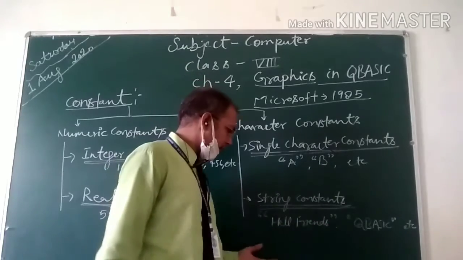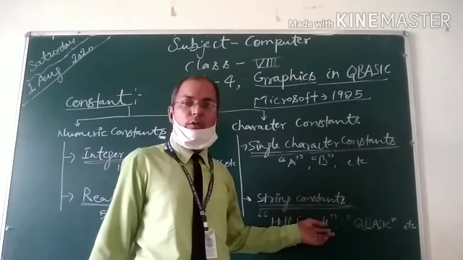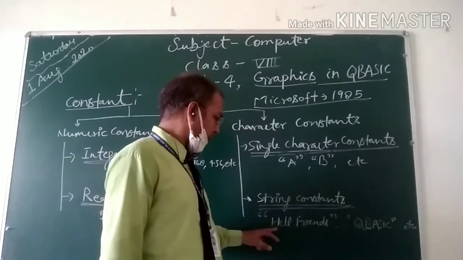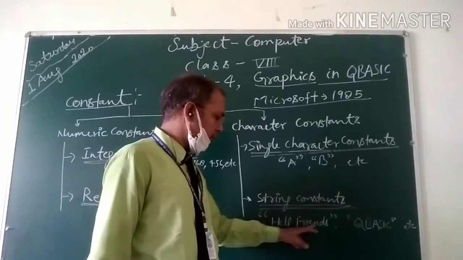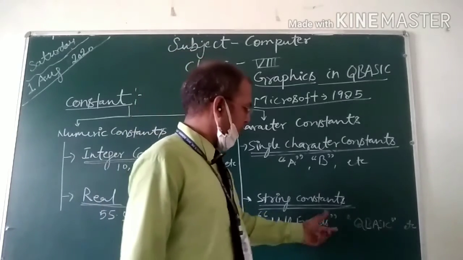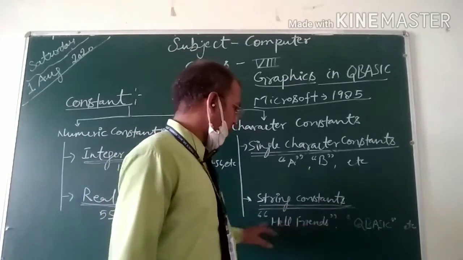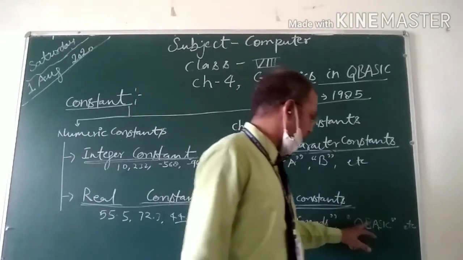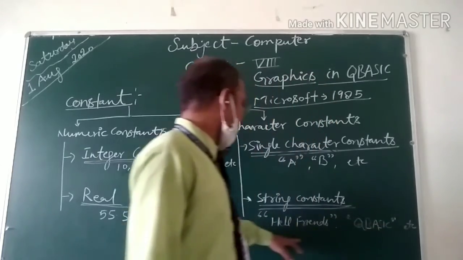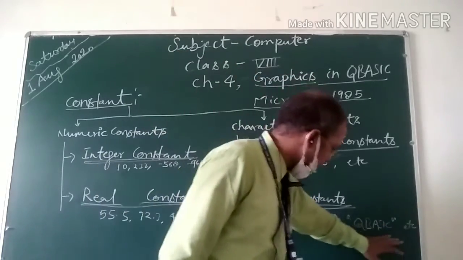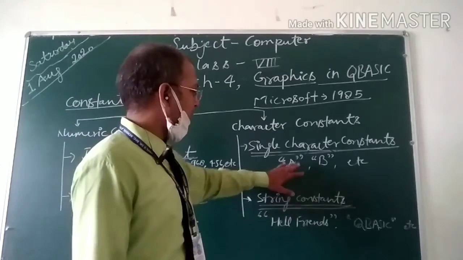String constant is a sequence of characters, like "Hello friends 1 2 3 4 5 6 7", so many characters, but all enclosed by the double quotes. Here it is a sequence of characters, but in the single one there is no sequence.